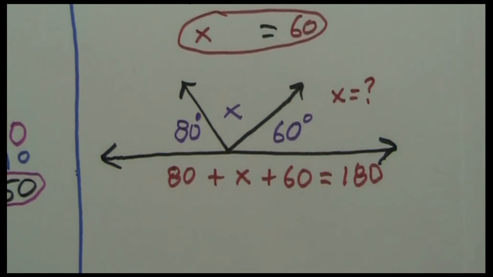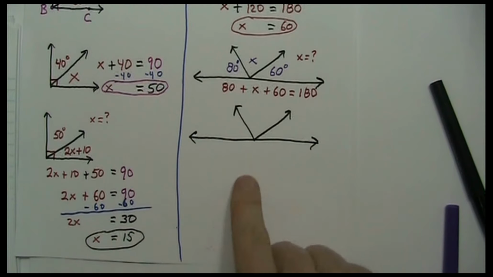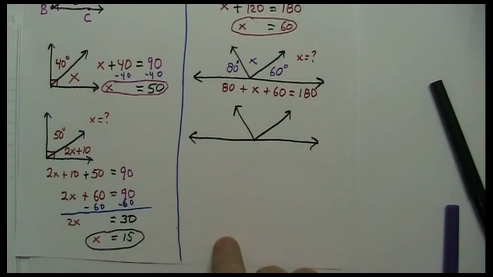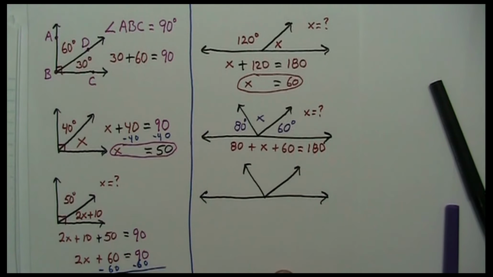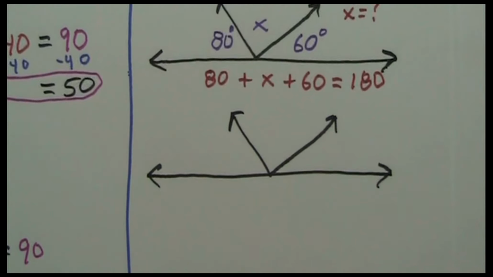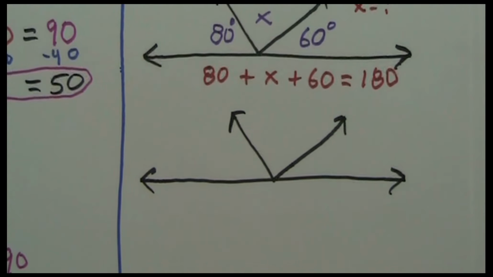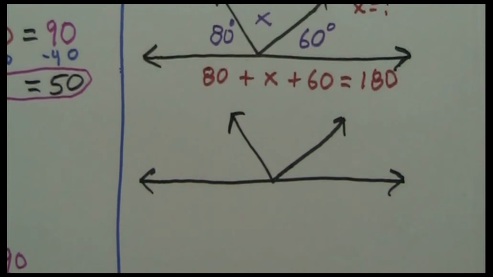All right, let's go to our last one. Now I kind of gave myself some room underneath it so that we can solve the equation. Okay, so what is the value for each one here?